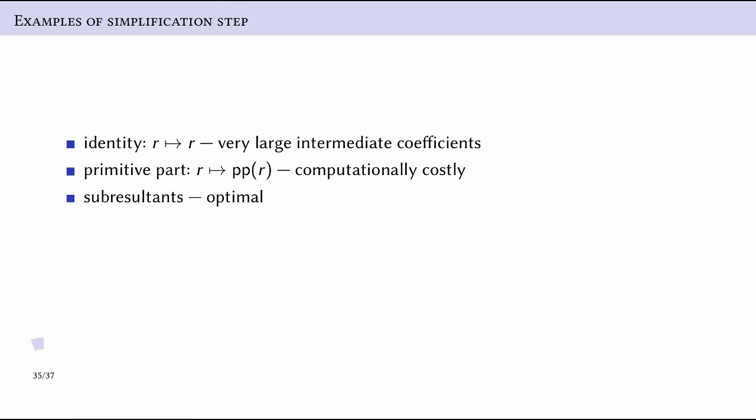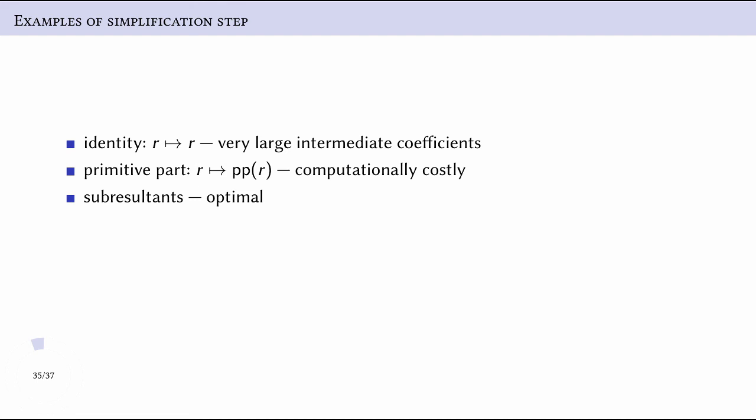I strongly encourage you to look into the lecture notes of this course that I provided. The link is provided below, and you can see how this algorithm works with subresultants. It is really the optimal one. However, we don't have time to discuss it.